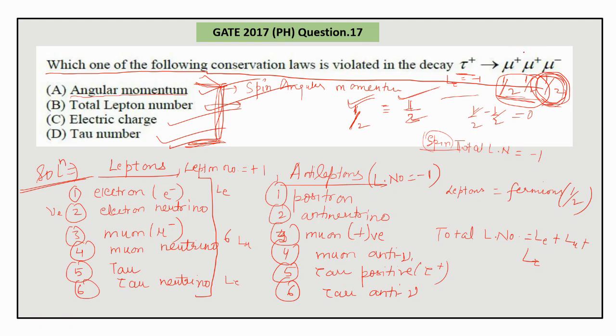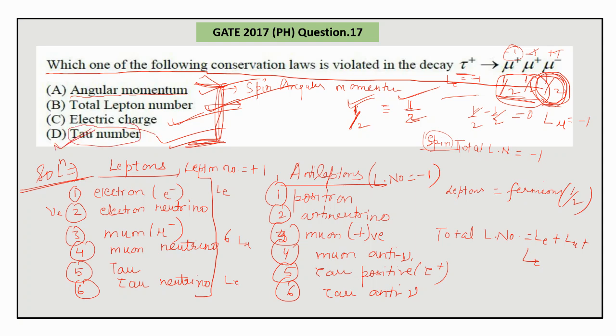In the right hand side, muon positive has minus one, and this is muon negative, so this is plus one, so this will cancel, and we have L_mu equal to minus 1. So total lepton number is minus 1 on both sides, so it is also conserved. Electric charge is conserved. So the individual tau number is not conserved. So D is the answer.